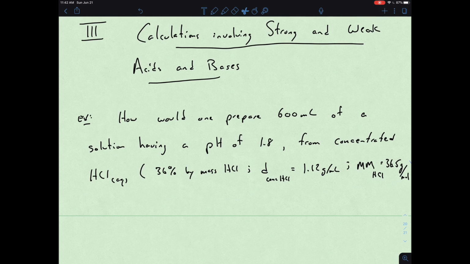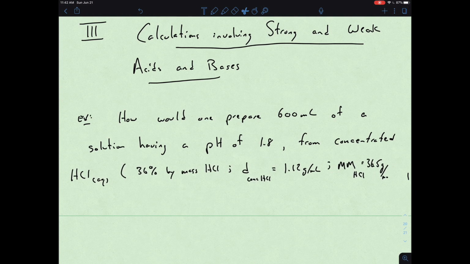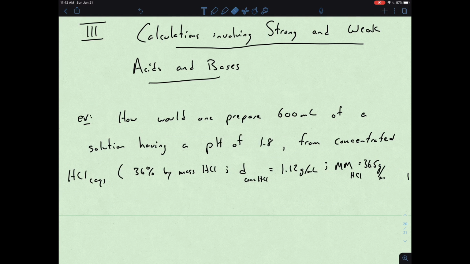So knowing all that information, we should be able to calculate then how we would prepare this.